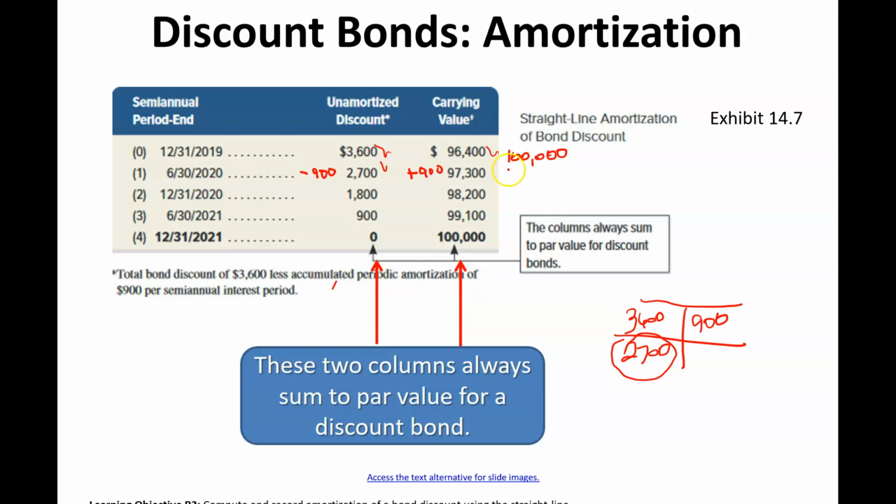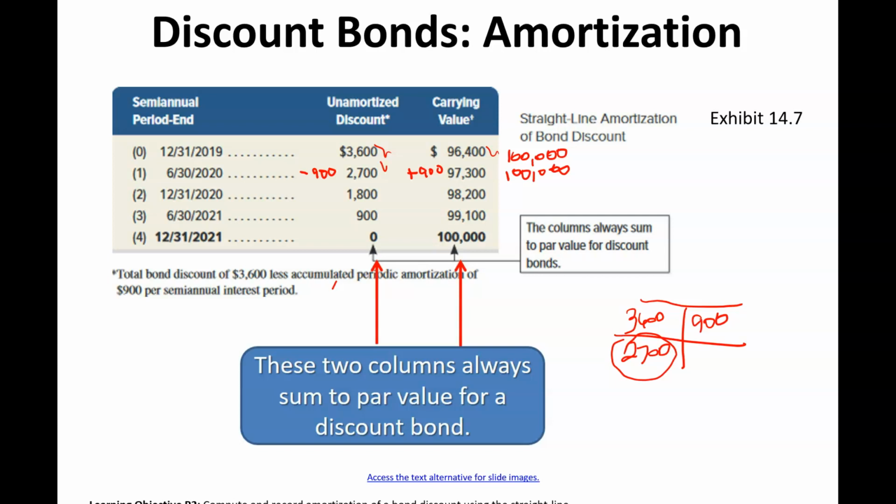The two added together will equal $100,000. If you take the carrying value of the bond plus the unamortized discount portion, it will equal the par value of the bond. This is actually the same process as we went through when we did depreciation.